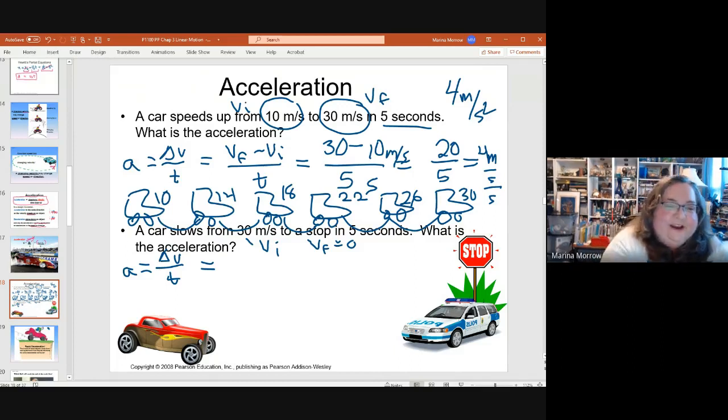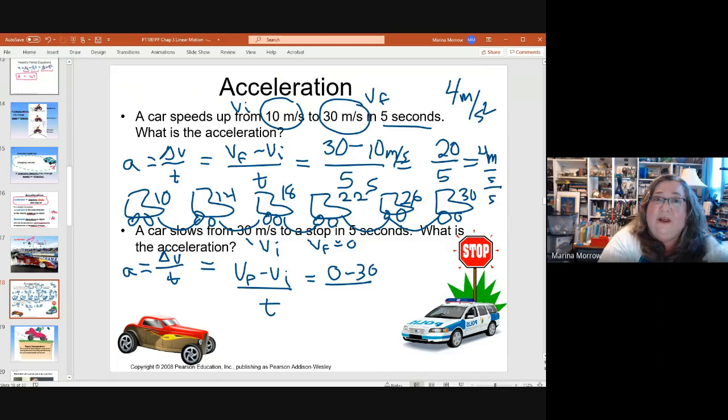So what's the acceleration? Well, if we use the formula, v final minus v initial, divided by the time, final is 0, initial is 30. So if in your brain you were going 30 minus 0, you might have missed the fact that this is actually going to come out to be a negative number. Right? It's going to be minus 6 meters per second per second.